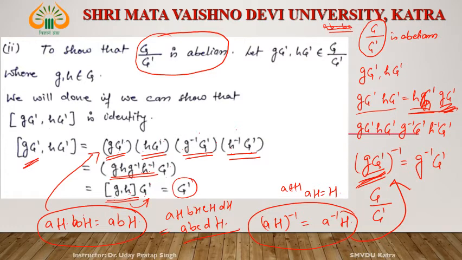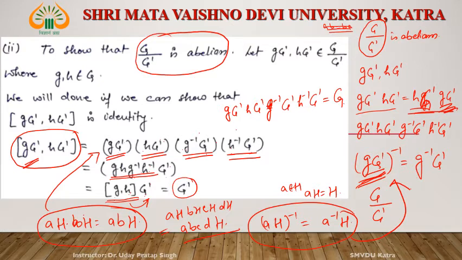It means gG prime hG prime g inverse G prime h inverse G prime is equal to G prime. Since this is identity, and considering these two elements on the right-hand side, gG prime hG prime is equal to hG prime gG prime. Okay, this is the property of commutativity.